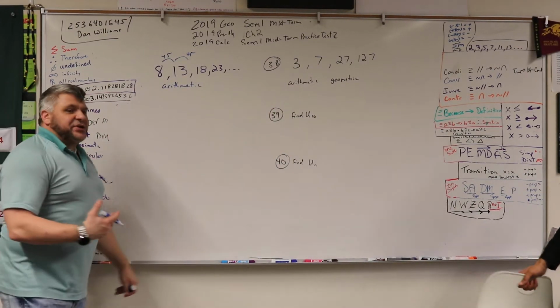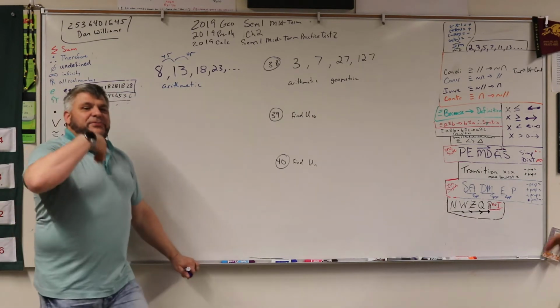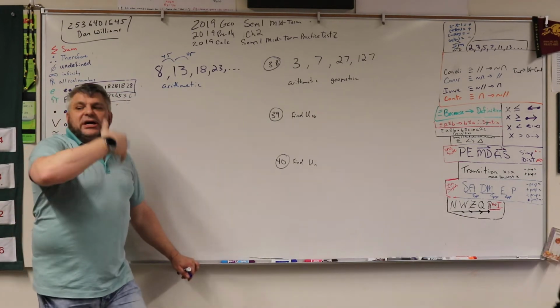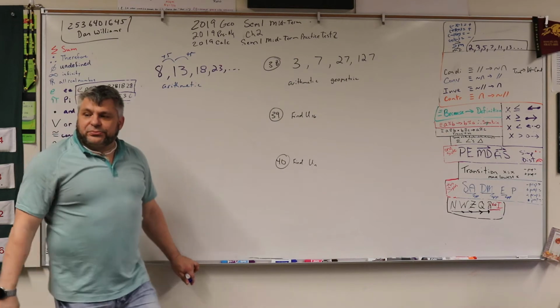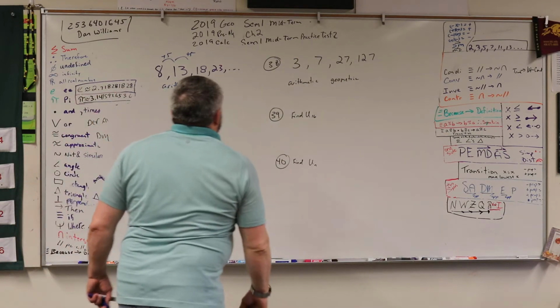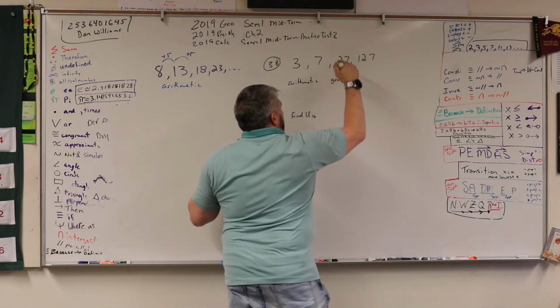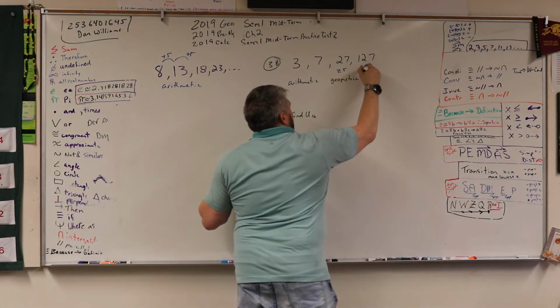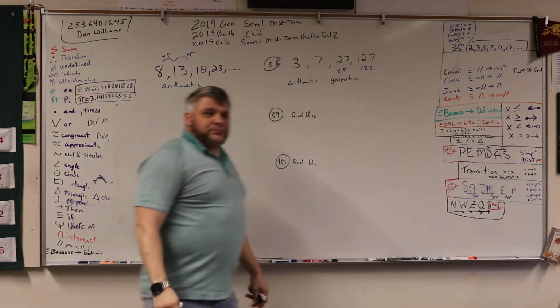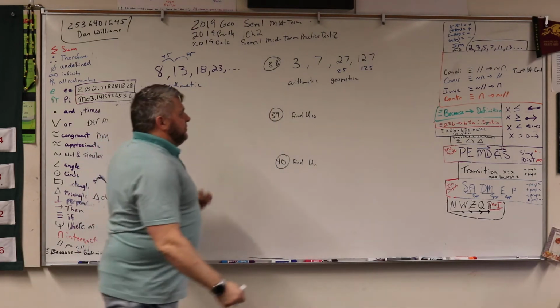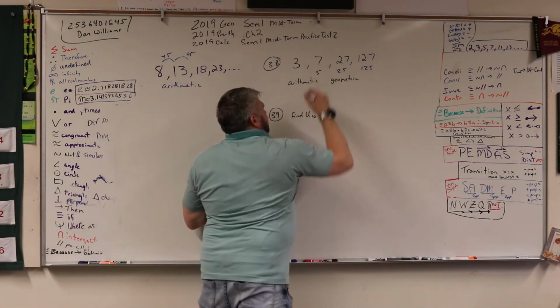is it geometric? It's geometric if it's being multiplied each time, right? And when we think about this, there's a couple of numbers that actually stick in my mind here. And that's 25 and 125. And then I'm like, well, wait a minute. That kind of matches because that's 5.